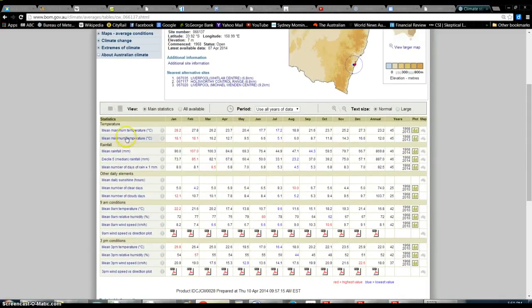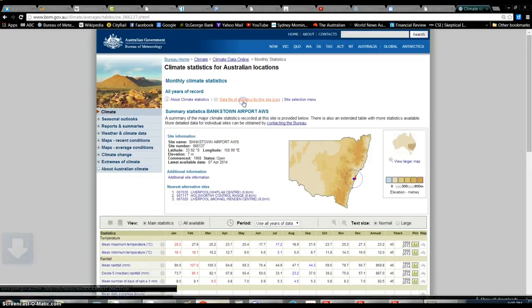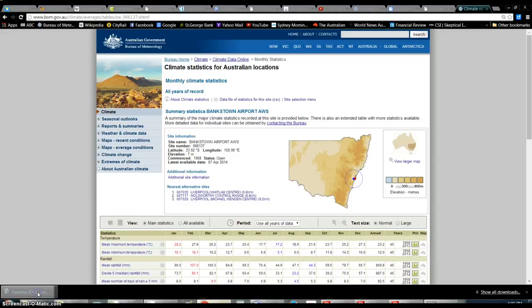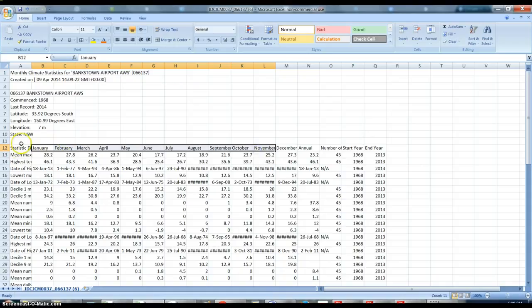You can see all the rainfall data here, and quite a long, about 50 years or so. And so we can export this file into a CSV. Here it is. I'm going to grab this monthly data.